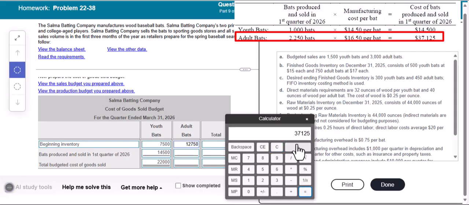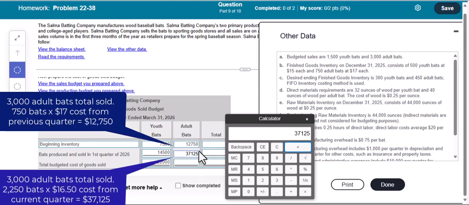And that is going to give us 37,125. And then we're going to add both layers together, those old bats and the new bats, in order to get our total cost of goods sold here for the adult bats. So that is going to give us a total of 49,875.